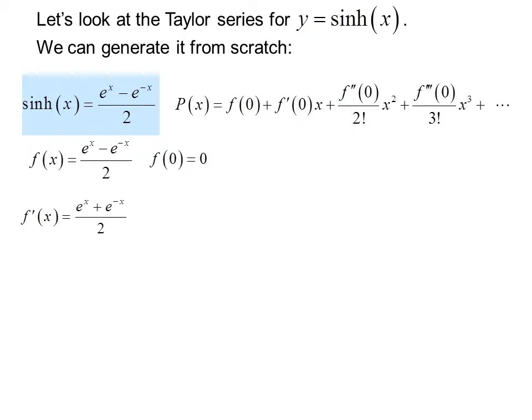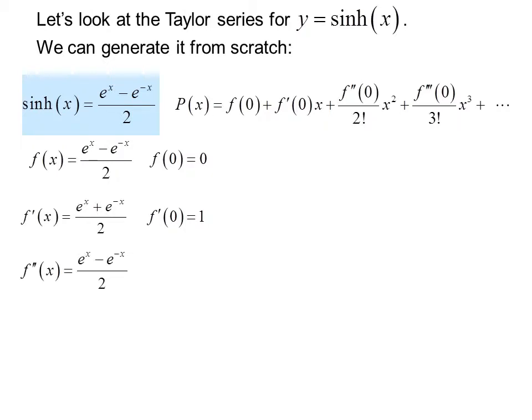Taking the first derivative, the negative exponent comes down and cancels the negative sign in the middle. We get e to the x plus e to the negative x over 2. And when we substitute 0 for x, we get 1.